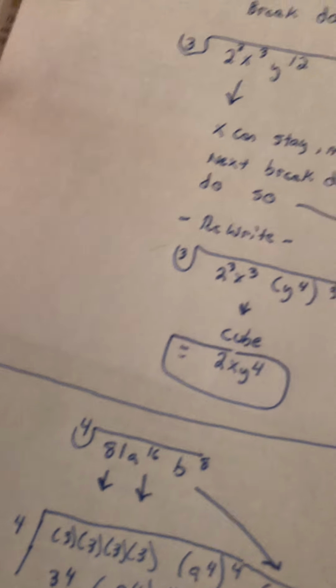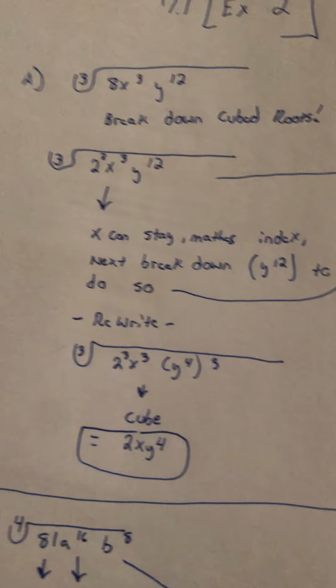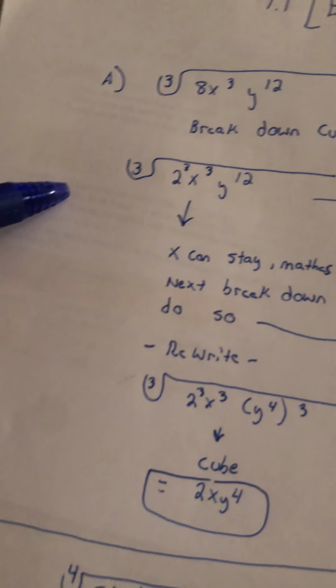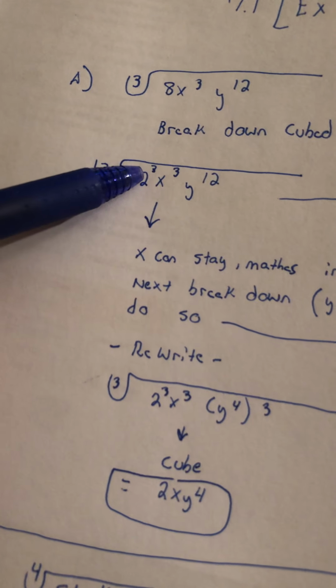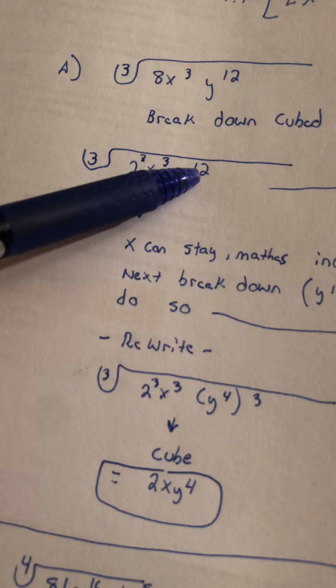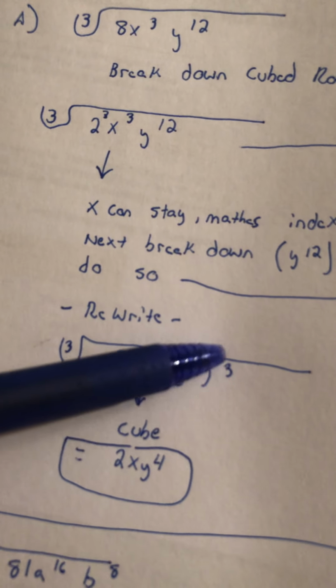if it doesn't have something, for instance, like this one does, we're looking for familiarity. So we have 3 right here. This was 3. 2 to the third. This is not 3. But how can we make it 3? Well, we can break it down here. y to the fourth, 3.